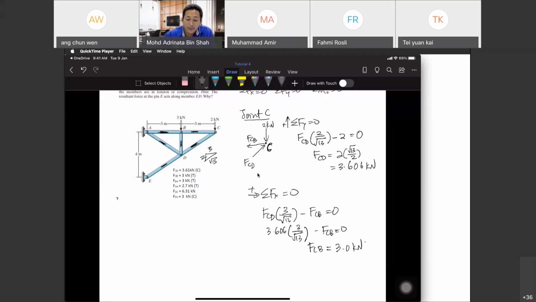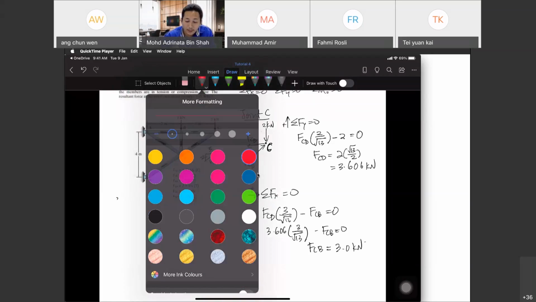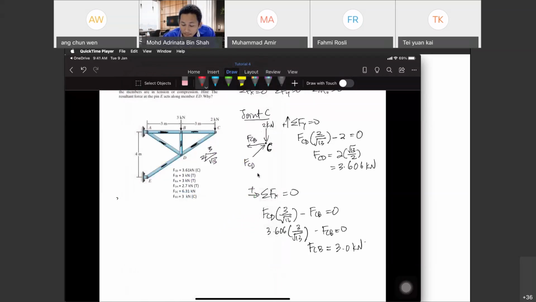Look at this one, this is at the pin. This is FCB and this is our beam.